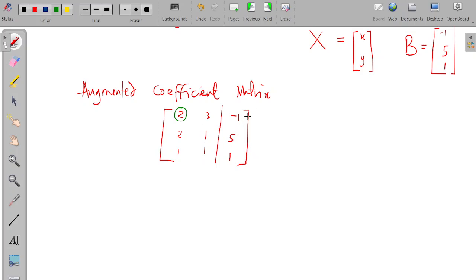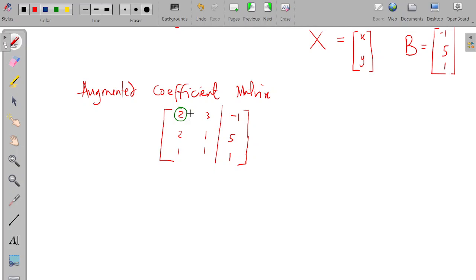Those are our rules. If I call this row 1, of course this is row 2, and this is row 3. You don't need to write that, but that is what I'm going to be making use of.